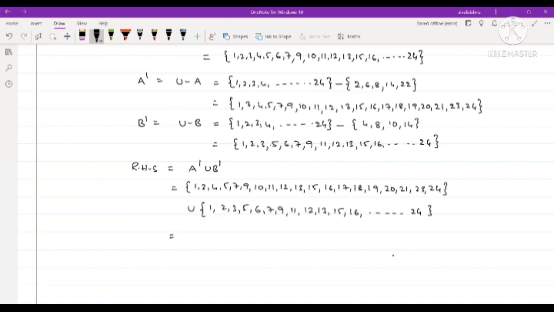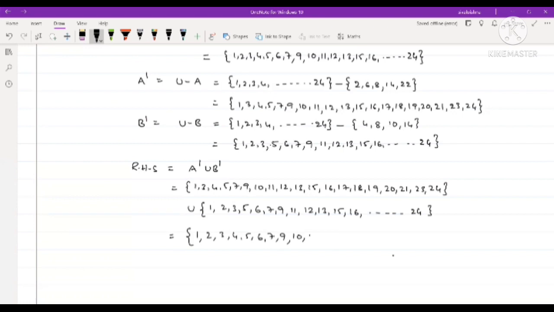Okay, so I am writing the elements in A dash union B dash. Starting with 1, 1 is repeated twice, so we write it only once. After that we write 2, then 3, 4, 5, 6, 7. After 7 we do not have 8 in both the sets, so after 7 we have 9, so we write 9. After that we write 10, as 10 is in A dash.